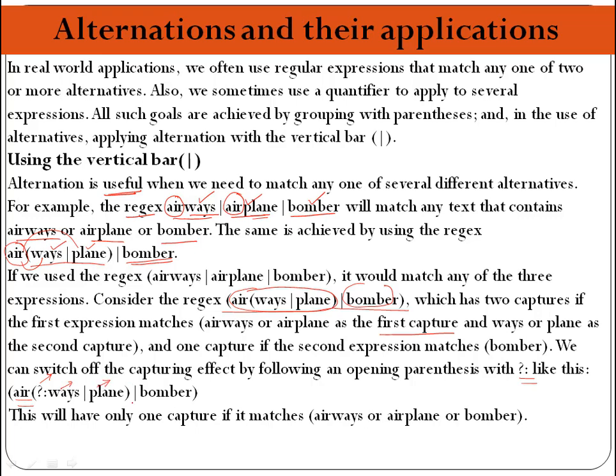So we have rewritten it like this. This will have only one capture if it matches airways or airplane or bomber. So this has made your regular expression more efficient.